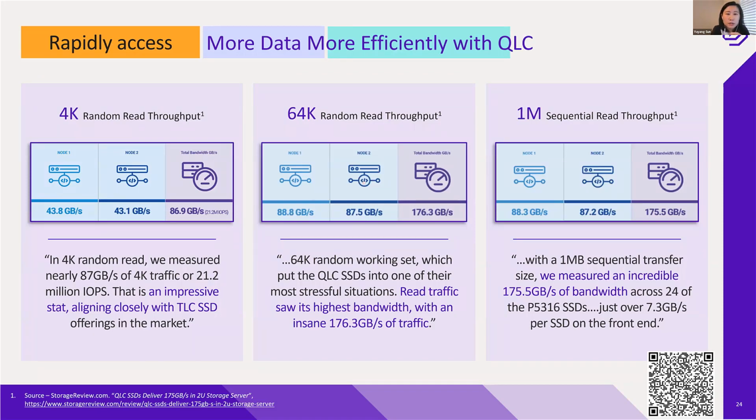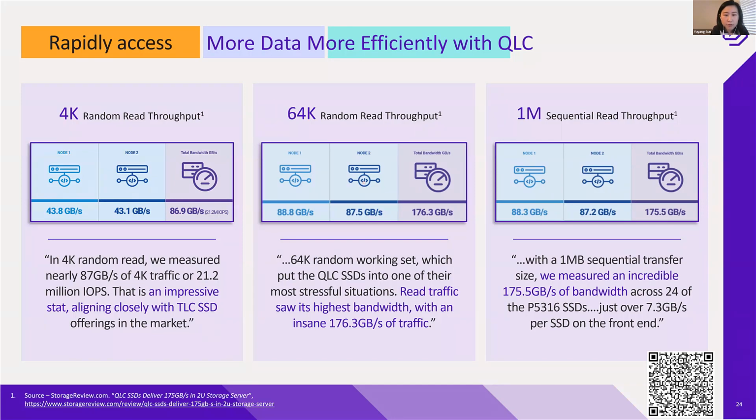So as you can see here, QLC allows a data center to have rapid access to more data with more efficiency. Whether it is random or sequential, whether it's smaller blocks or large blocks. This is a test done by StorageReview. You can see that QLC SSDs offer almost the same level of performance as the TLC SSD, which is the most common NAND technology used in the data center.